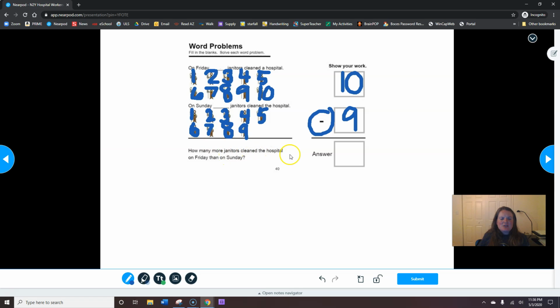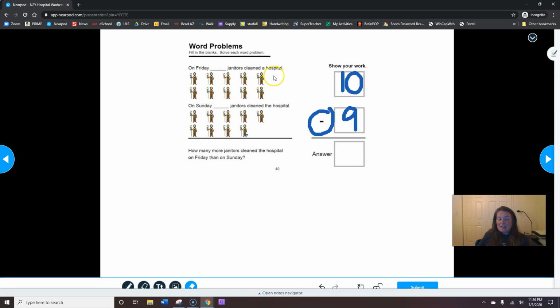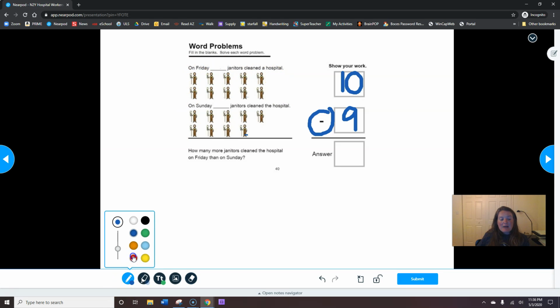How many more janitors clean the hospital on Friday than Saturday? So in order to do that, you can use items and take them away from a pile. But you know how I like to cross things out. So I'm going to go where I have 10 at the top, and I'm going to cross out this many.